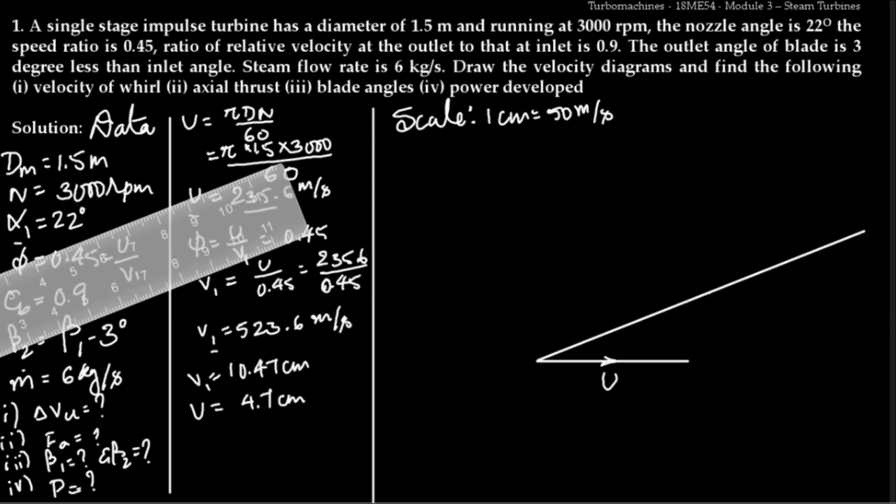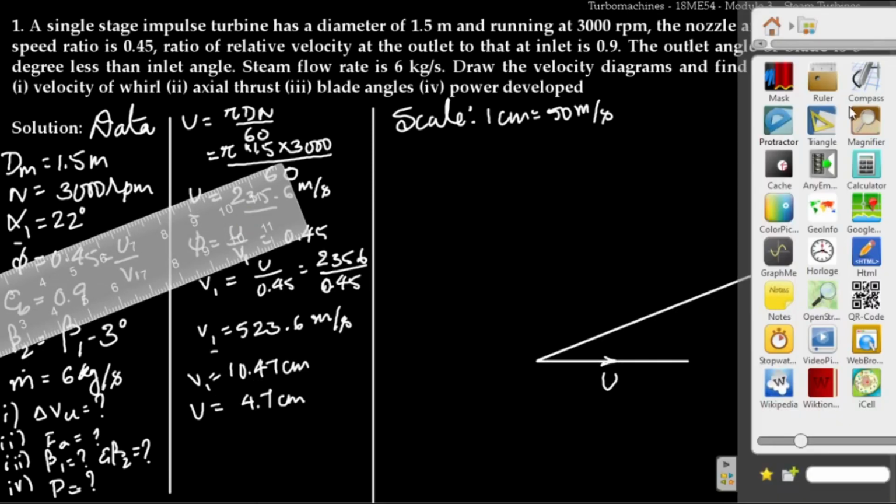Then I'll take a compass and I'll measure the length. So the length of this should be equal to the length of V1, which you have calculated, which is 10.47. We won't be able to measure 47, so I'll just take it as 10.5.